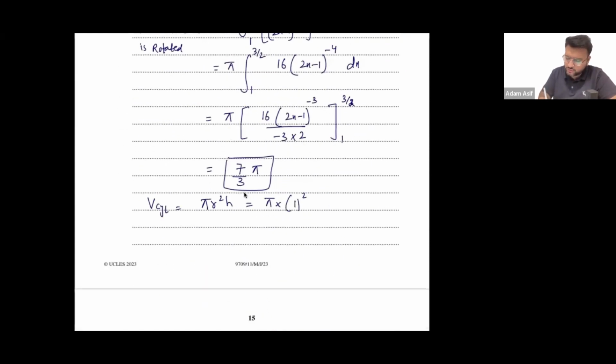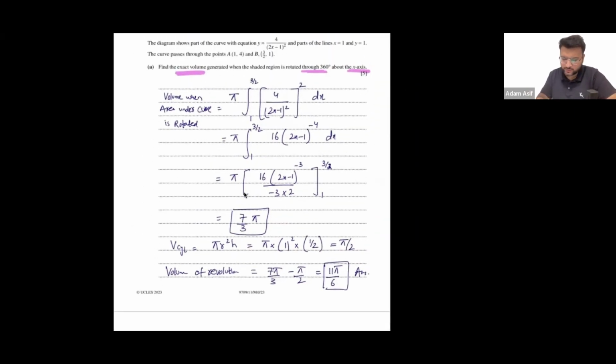So pi r square h, that's just going to be 3 upon 2 minus 1, that's half. So at the end, you get pi upon 2. So the required volume of revolution would be 7 pi upon 3 minus pi upon 2, that is 11 pi upon 6.